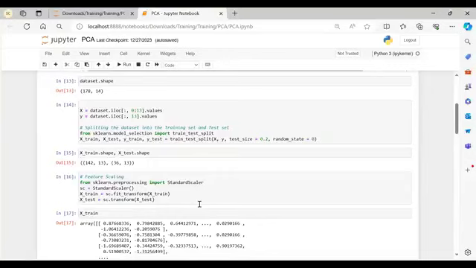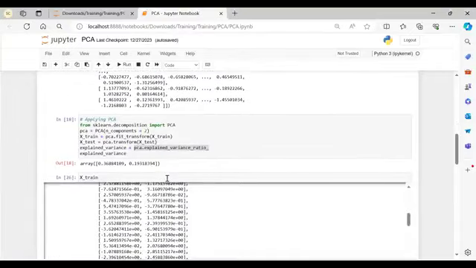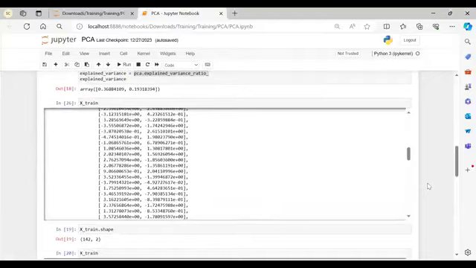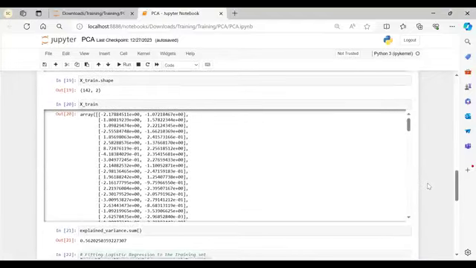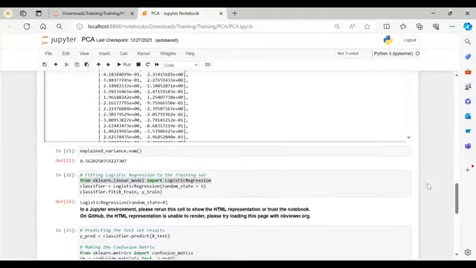That would be fulfilled if you go with PCA. Here, I'm going with only two principal components, which cover 57% of the variance, and with that I got an accuracy of around 97% on my test data. You can even check it on your training data set and see how much accuracy you're getting.